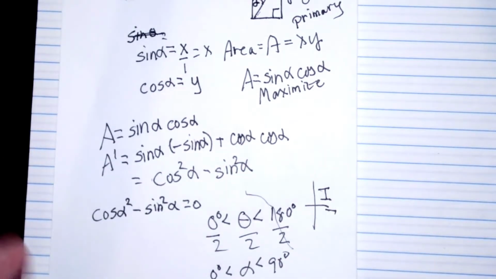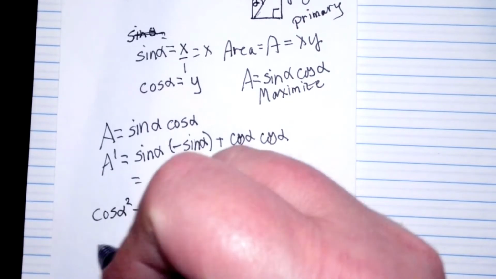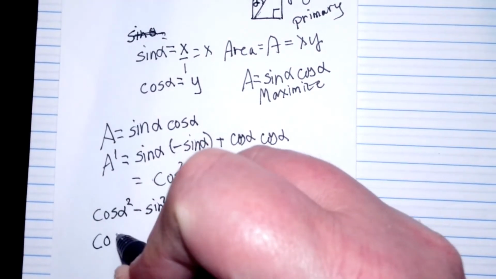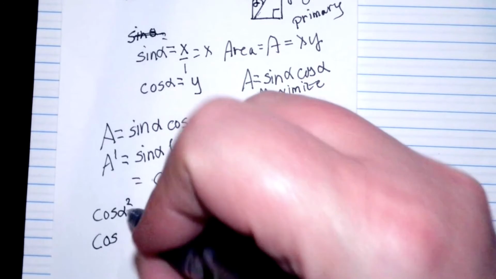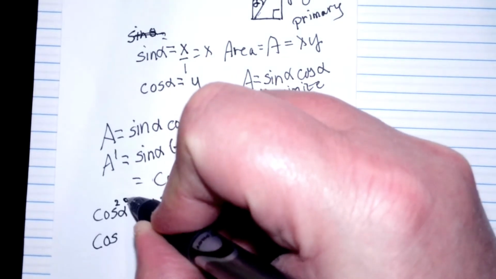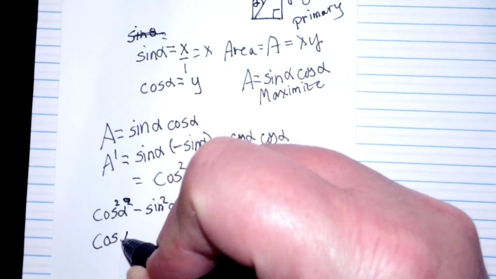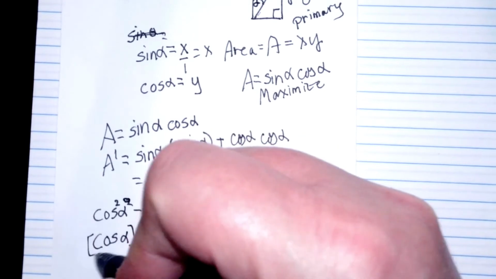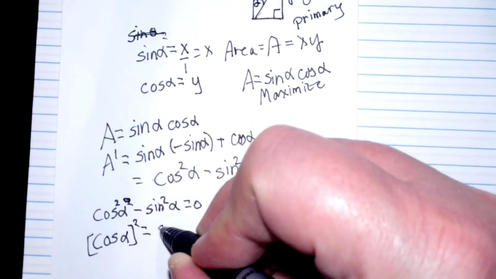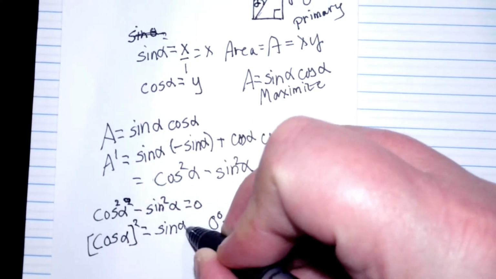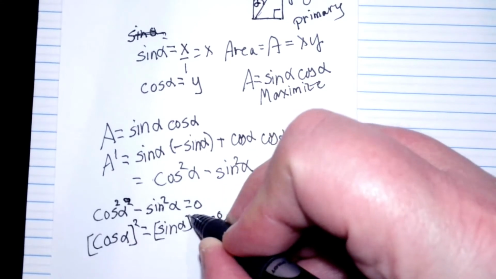How does that help us? Well, let's go back over to here. This is the same as, I put my squared in the wrong place. This is the same thing as saying cosine of alpha squared is equal to the sine of alpha squared. I'm doing two things.